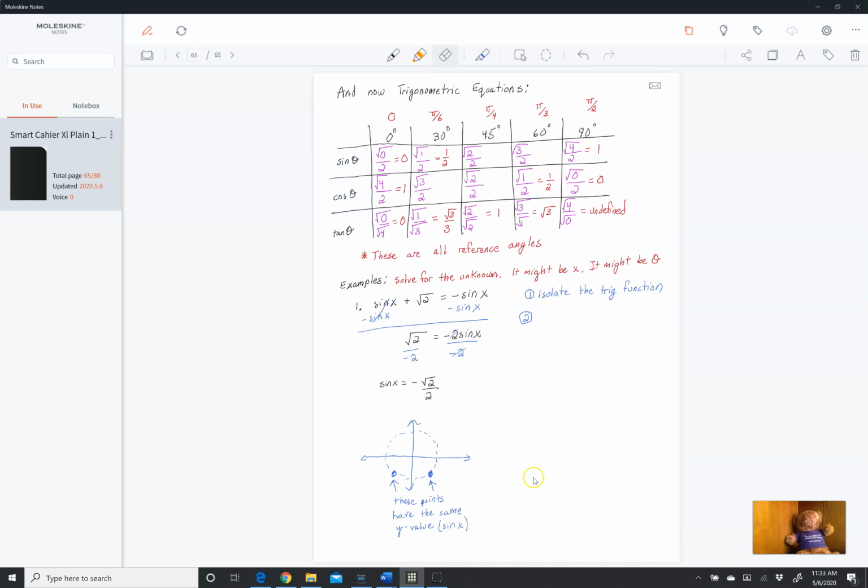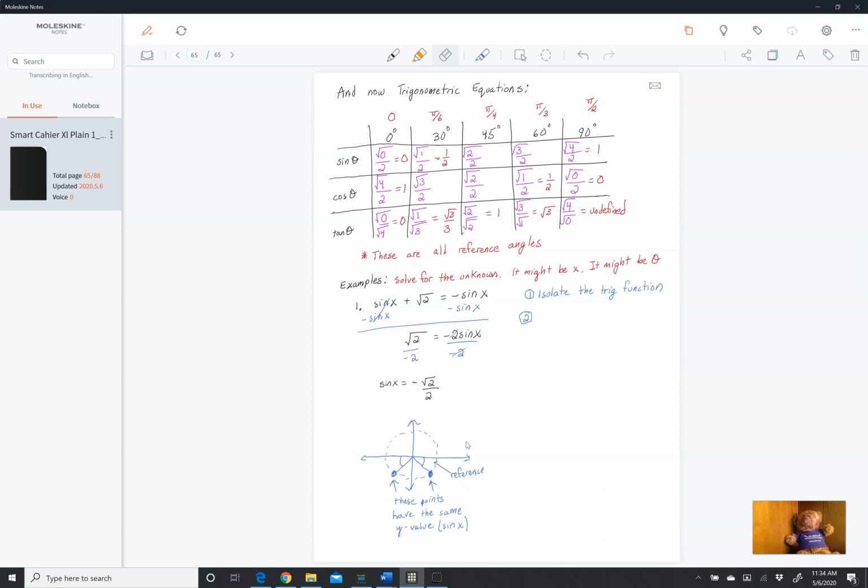Okay, so 2 points with the same y value, the same sign. So we have to figure out what both of those points are. So for square root of 2 over 2, you have to figure out what the reference angle is, because that's going to tell you what the sine is.